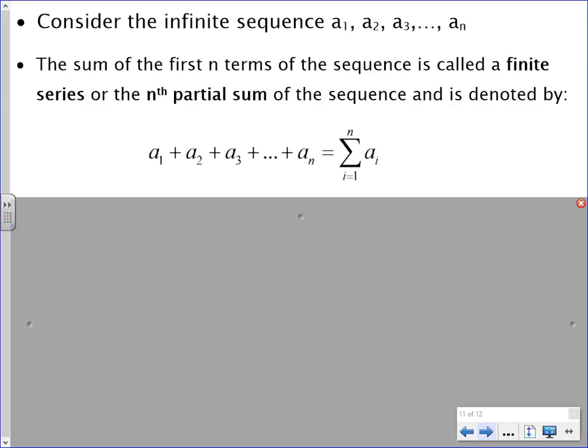This is called the nth partial sum or a finite series, where we have a sum that stops. And since it stops on the nth term, whatever that n is, it is the nth partial sum. So if I say the fifth partial sum, the last term that you're adding is the fifth term. And we call that a finite series because it's a series that stops. Remember, series and summation are one and the same.